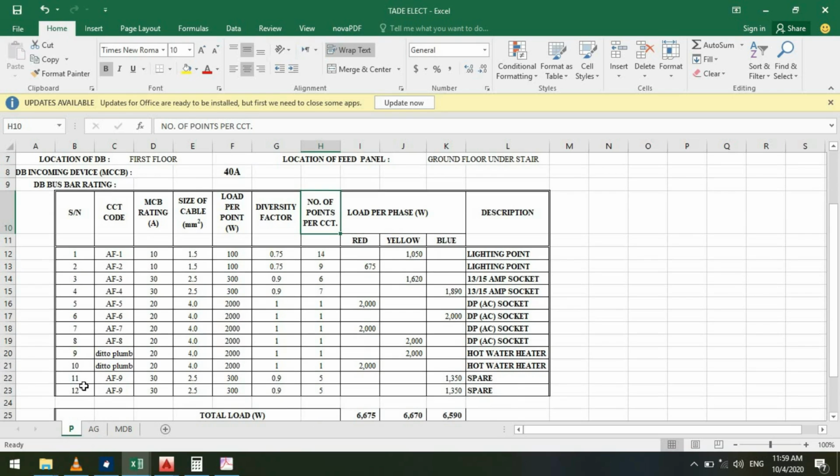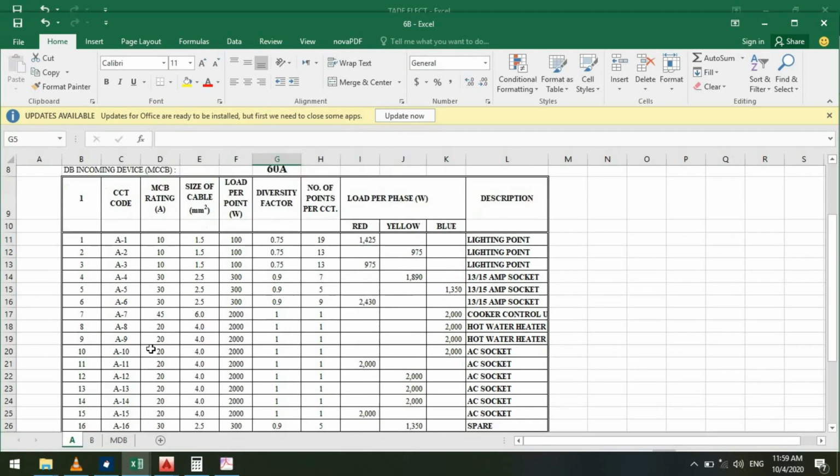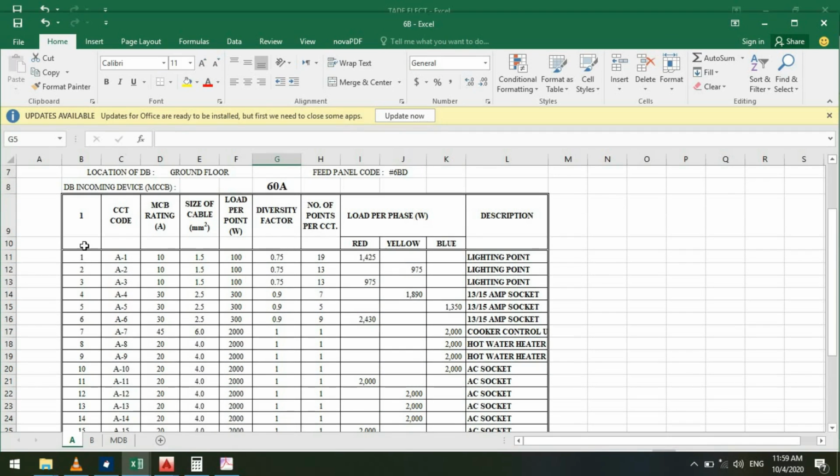It means the number of circuits the distribution board can hold. On a norm, every distribution board has red, yellow, and blue phases. So for this project, we have 18.